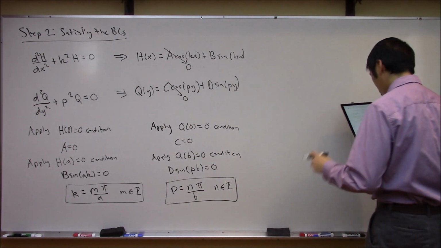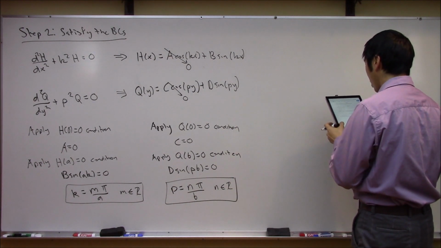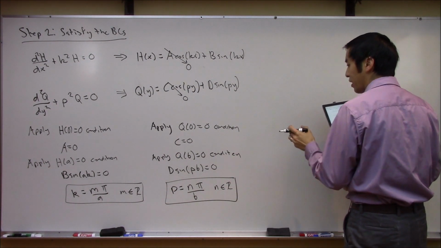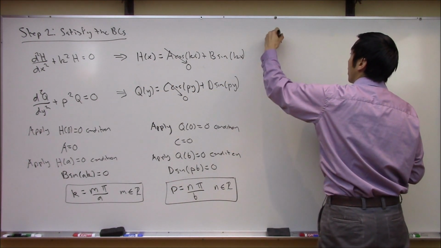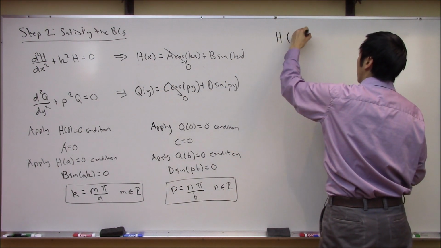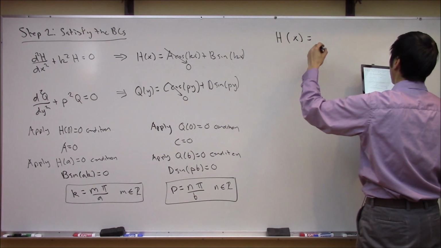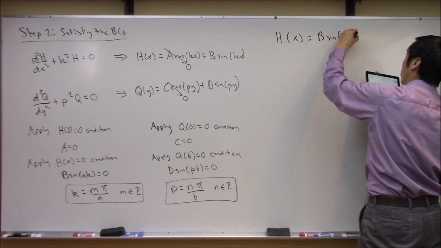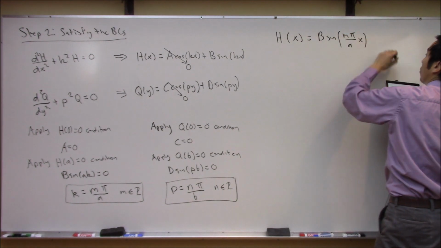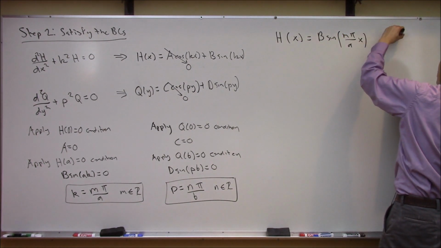All right, trucking right along. With that in mind, we see that the general solutions for h and q, maybe we can call them h of x, is going to be something like b sine of m pi over a times x, with m some integer value.